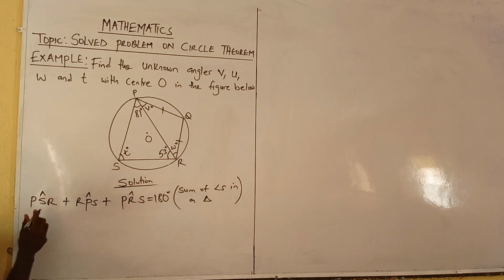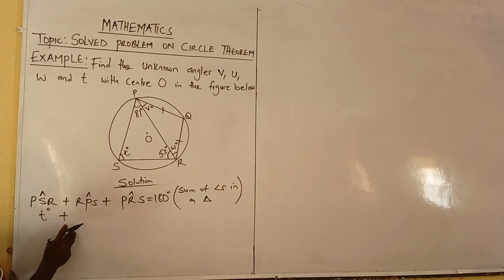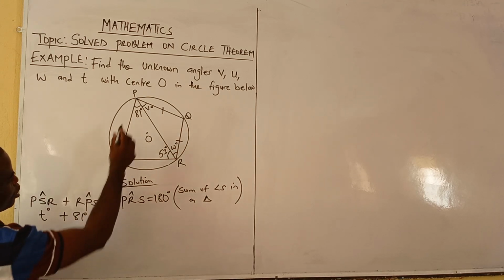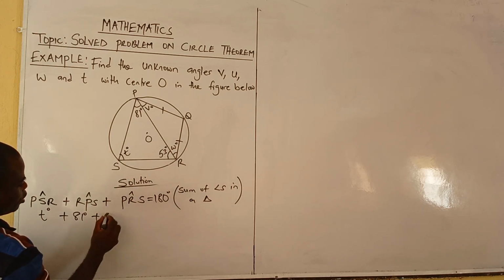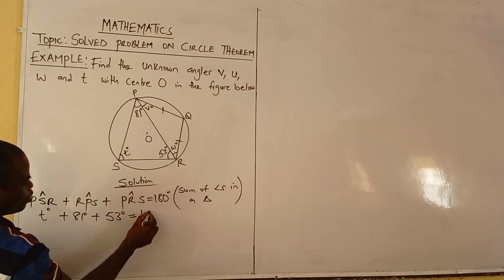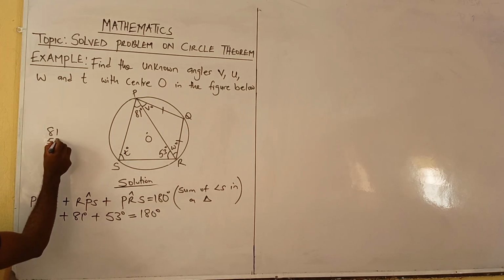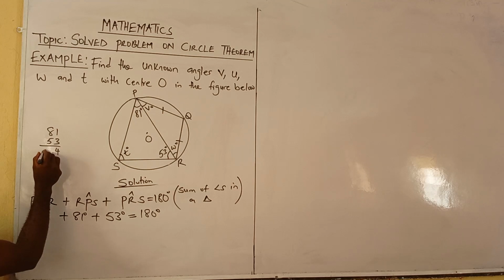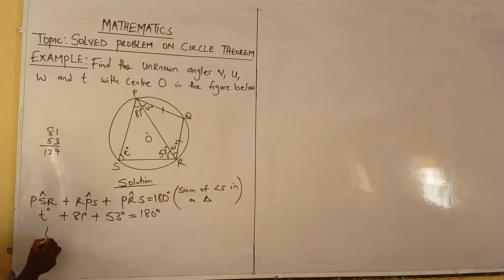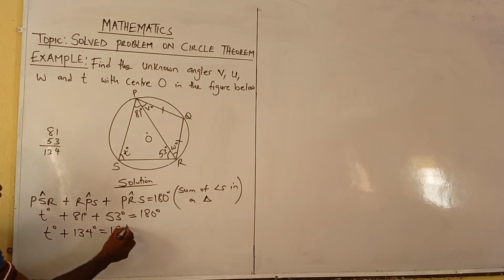Okay, what's angle PSR? That's T degrees, plus angle RPS, 81 degrees, plus angle PRS, 53 degrees, equals 180 degrees. Now let's add: 81 plus 53, that's 134. T degrees plus 134 degrees equals 180 degrees.